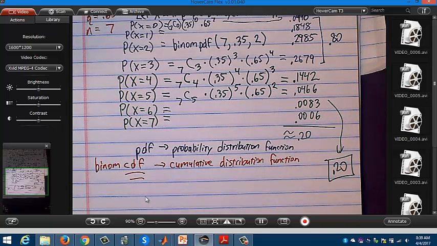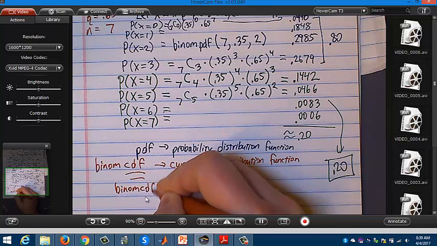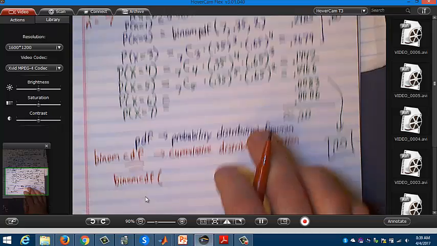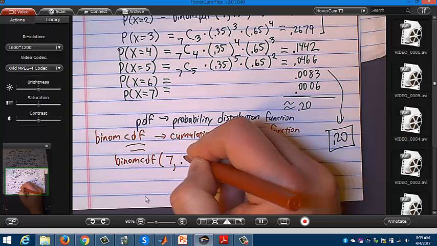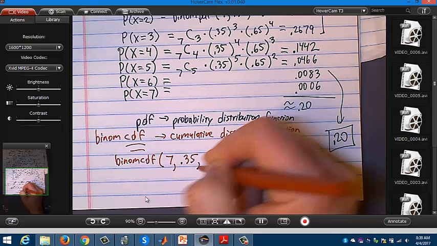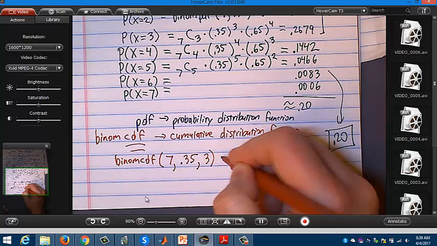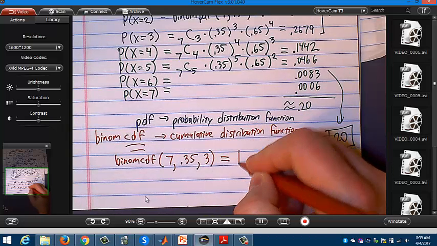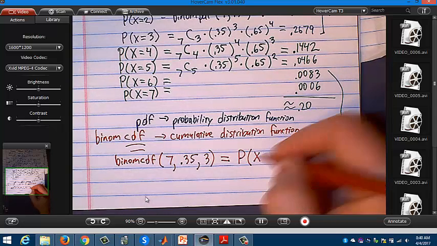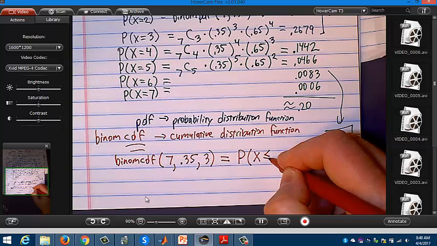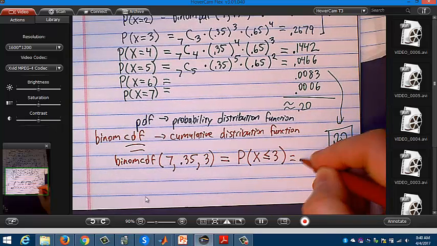When you do binomial CDF, let me write down exactly what we did, because this is important, I think, for a time saver. 7, 0.35, 3. What this gave me is the probability of X being less than or equal to 3. That's what we computed, and that was, we said, 80%.